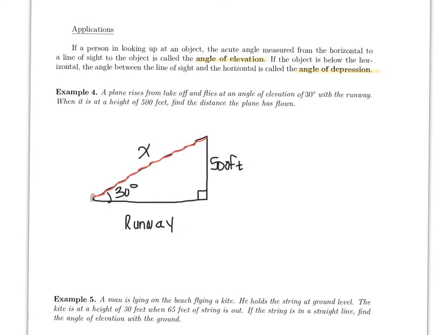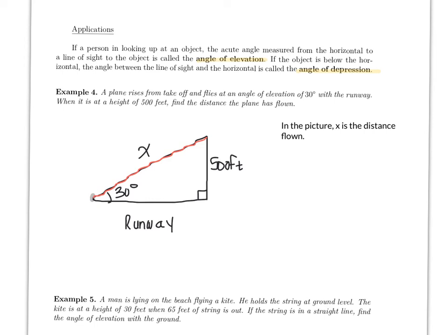So let me write a couple of notes on the side. In the picture, X is the distance flown. The only information that we have here, well, we have the bottom left angle, which is 30 degrees. So we want to relate opposite, right?